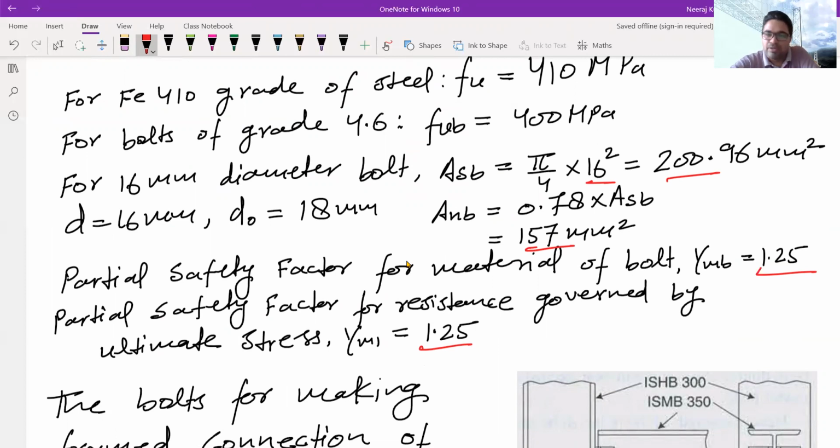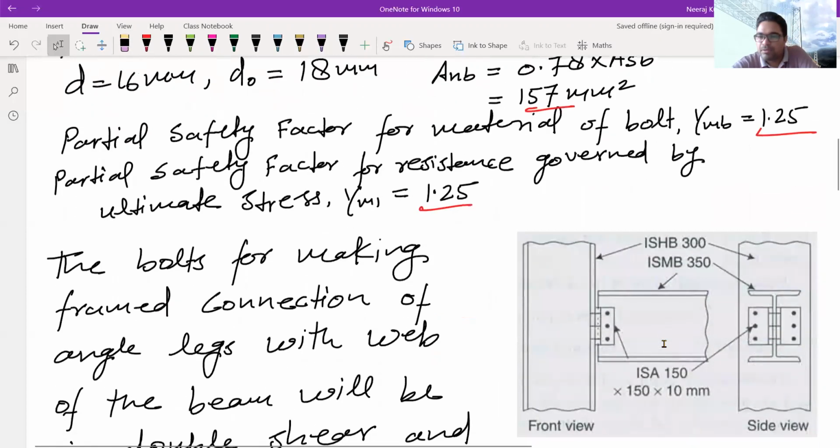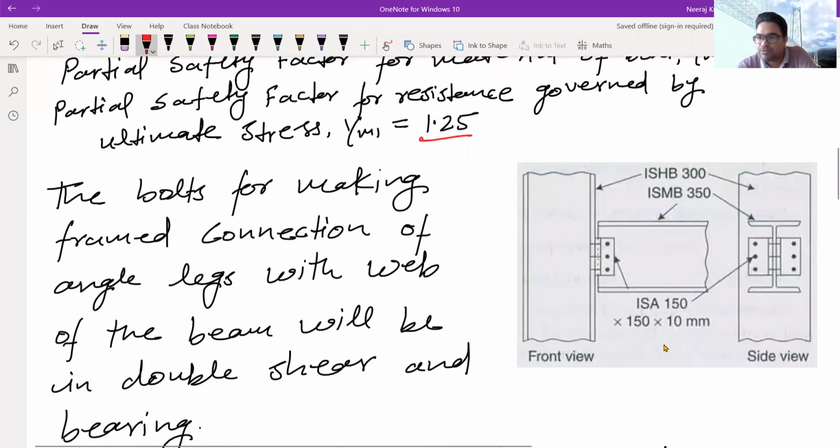Again, see this view. We do not have to design this one because this bolt is connected with the flange of the column. We are only supposed to find out the strength of this connection where 3 bolts are used.